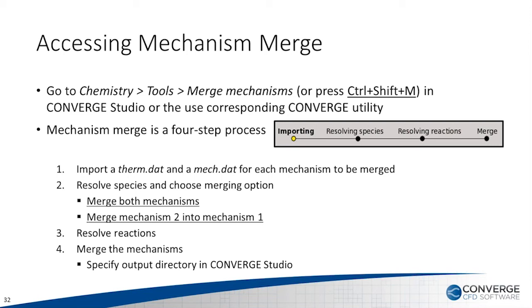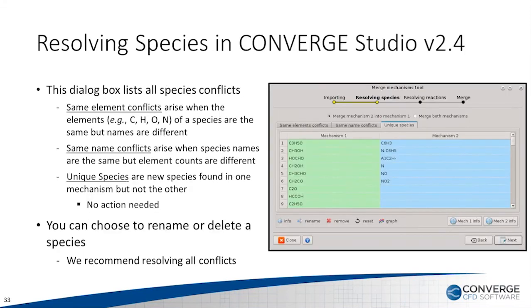First, you can simply put 2 mechanisms together. Or I have a mechanism and I don't want to break the pathway in it, and I'm trying to add a second mechanism on top of the first mechanism. So these are 2 different ways to merge. By the end, after the merge, you can output the mechanism through Studio, or if you use the utility, it will automatically generate the final mechanism for you.